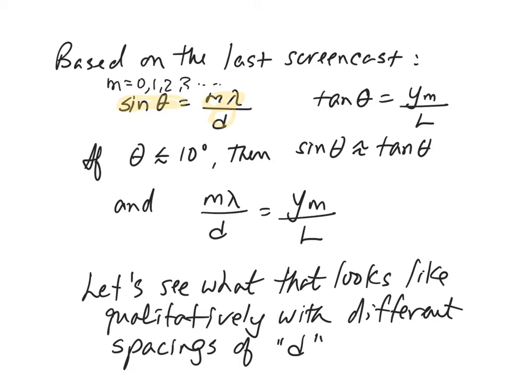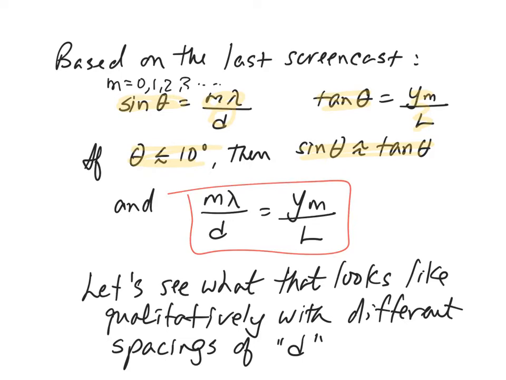And the lower that integer, the brighter and more intense the spot is. Based on the geometry, the tangent of that same angle is equal to y over L. As long as that angle is less than or equal to about 10 degrees, you've got the small angle approximation where sine of theta is equal to tangent of theta, and you can set those two sides equal to each other. And that's where we came up with Young's equation right there.